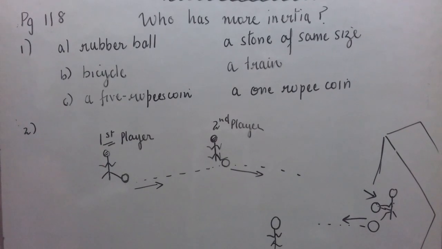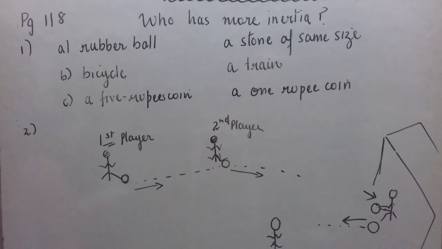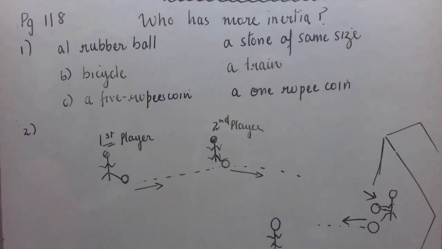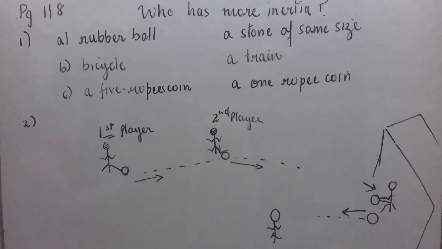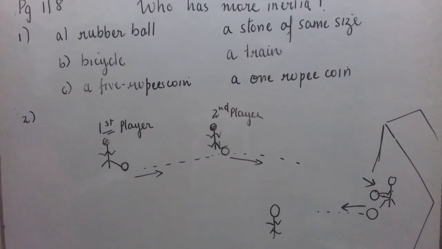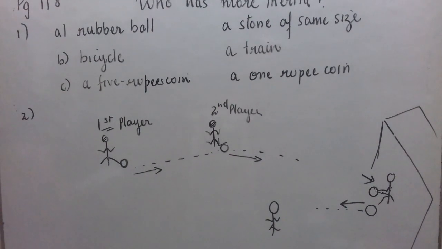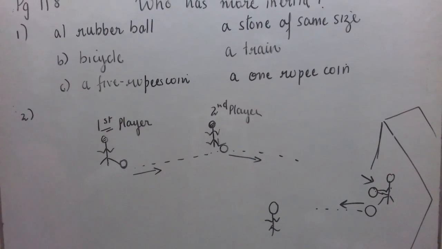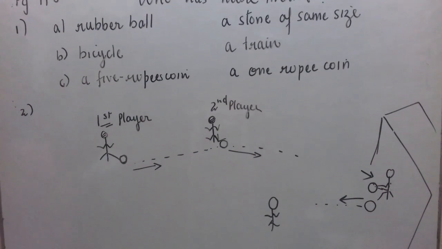So they get separated from the branch and then fall down due to gravity. So you have to write that when we move the branch, it comes into motion. Some of the leaves tend to remain at rest due to inertia of rest, so they get separated from the branch and finally fall down due to gravity.